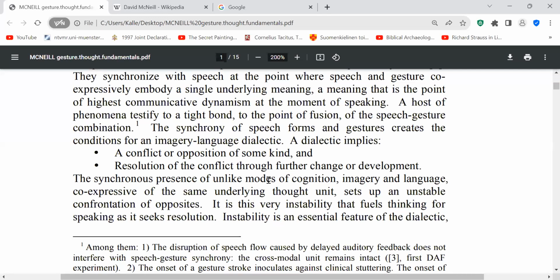The synchronous presence of unlike modes of cognition, imagery and language, co-expressive of the same underlying thought unit, sets up an unstable confrontation of opposites.